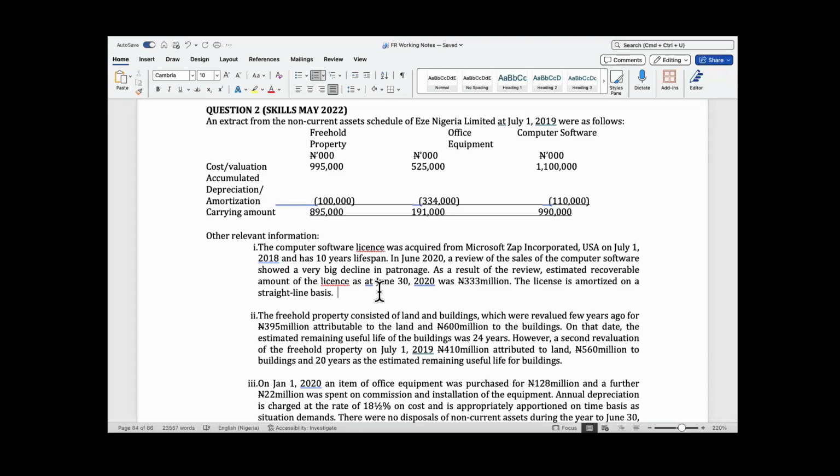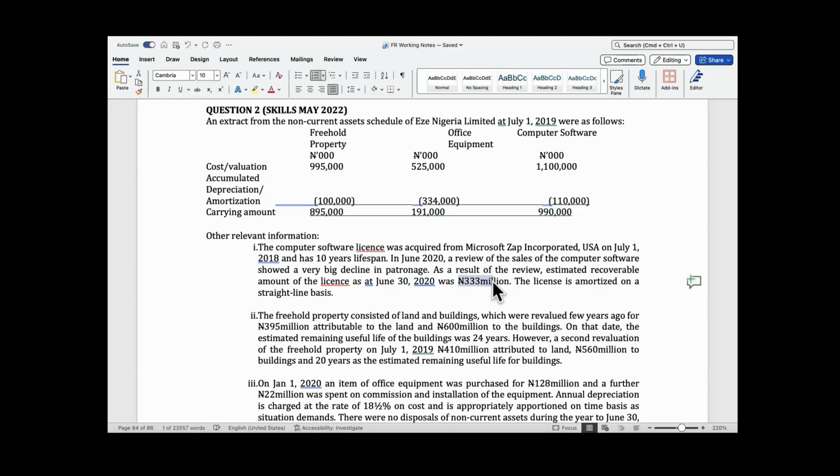Then you will learn why I have to show these notes, because I have to get my carrying amount as at June for this computer software, because the value of this computer software is 990. Okay. So if I get the carrying amount for the year, I will compare it with this recoverable amount.